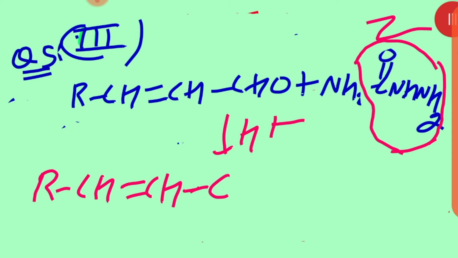Then this H will remain as it is, double bond N, then what is the value of Z that you are going to write over there? Z value क्या है?